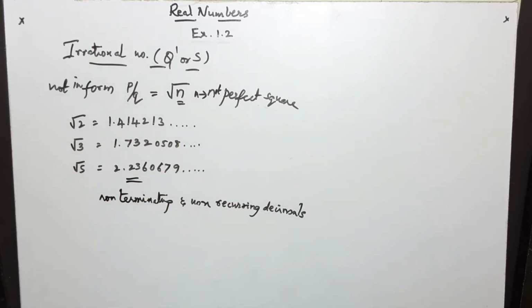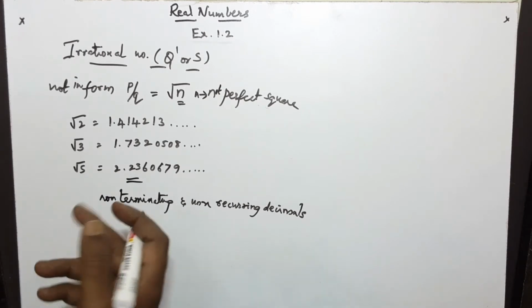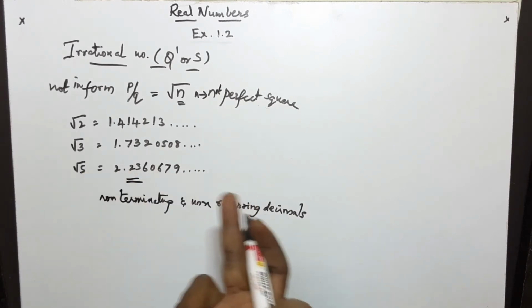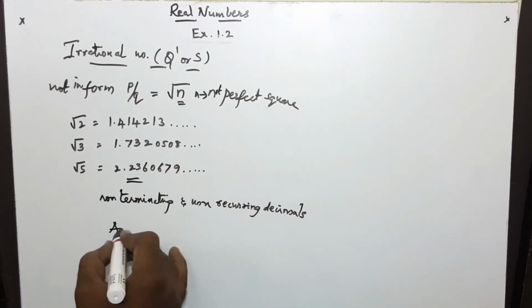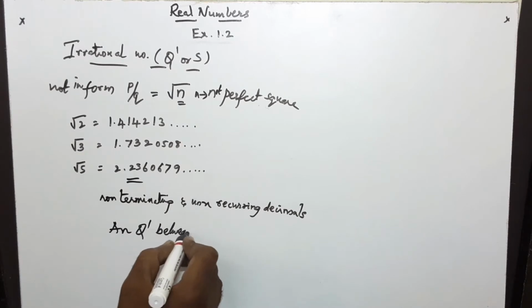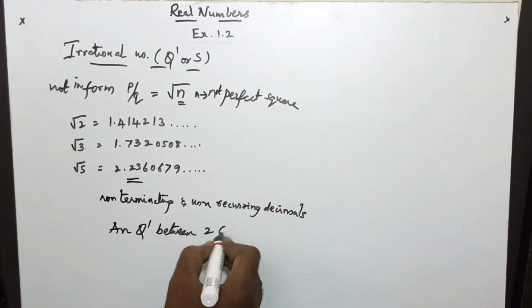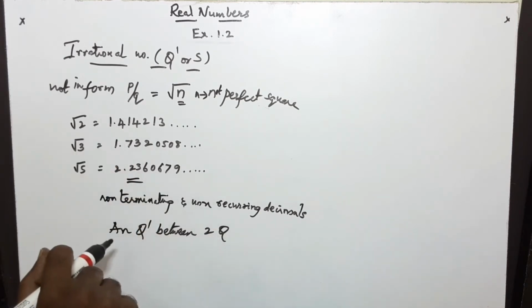Now let us go to another topic: how to find an irrational number between two rational numbers. In the previous exercise we learned how to find rational numbers between two numbers. Now, how do we find an irrational number between two rational numbers?